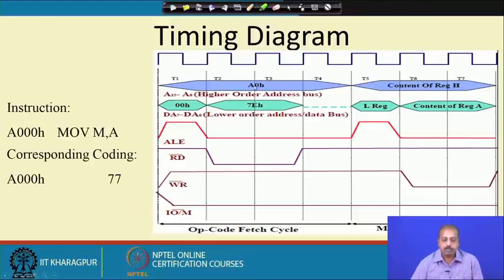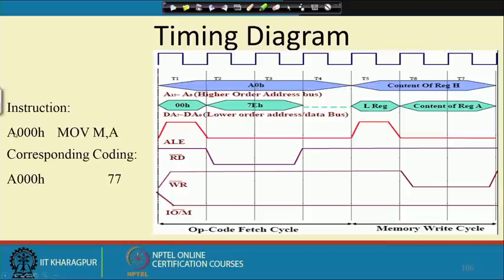So, this is the A0. A0 is the higher order address bus content, and the lower order address bus contains this 00. This value should not be 7E, this should be 77. Okay, so there is some mistake here. This value should be 77 because the memory will put the content of location A000 onto the data bus, and that is 77.